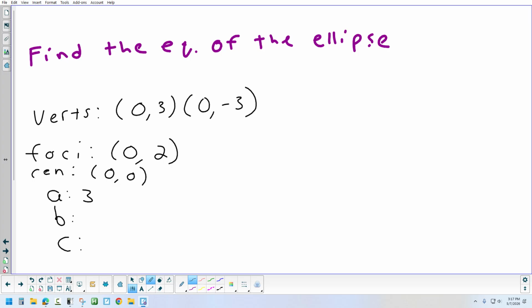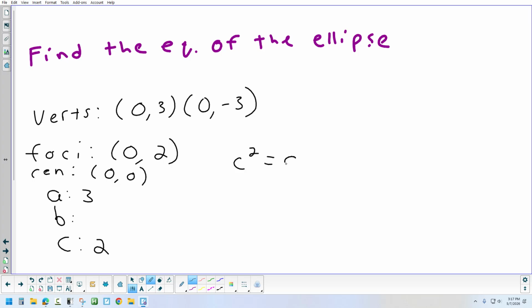Is there another letter we can figure out from that information? C. C, yep. What's C going to be? 2. Yep, center to focus. And now to write the equation, you need the B, but you can only find that indirectly. What's the formula that connects A, B, and C in an ellipse? C squared equals A squared minus B squared.